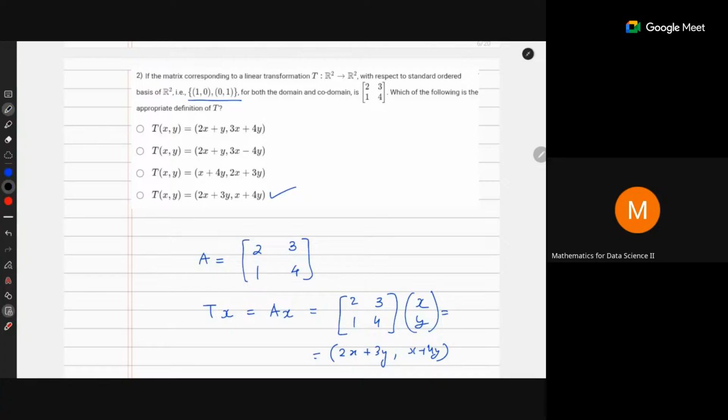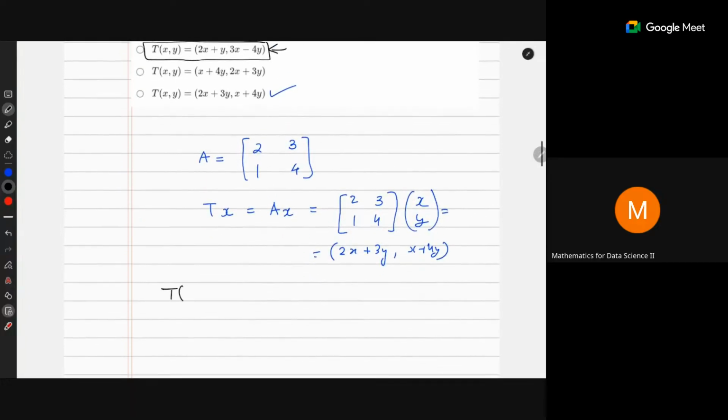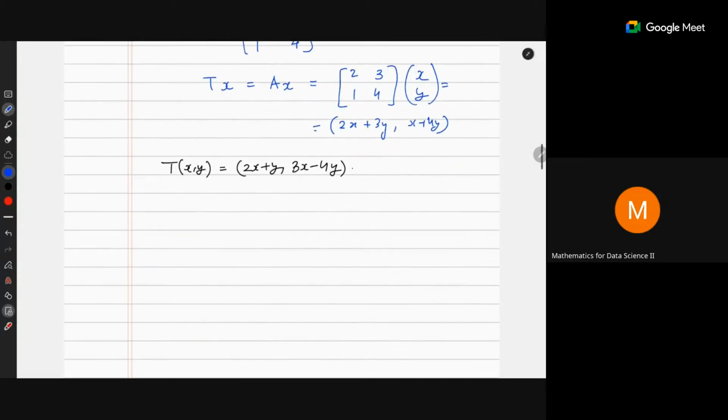Now let's do the other way around. Let's take this linear transformation. Okay, so what is the linear transformation? T(x, y) equals (2x plus y, 3x minus 4y). All right. So this is a linear transformation defined from R2 to R2.